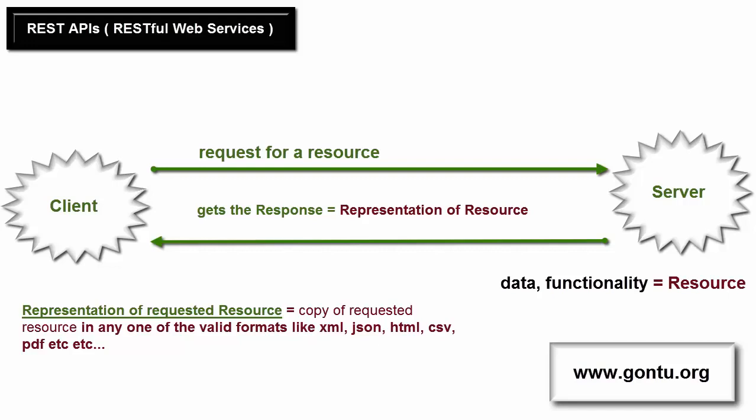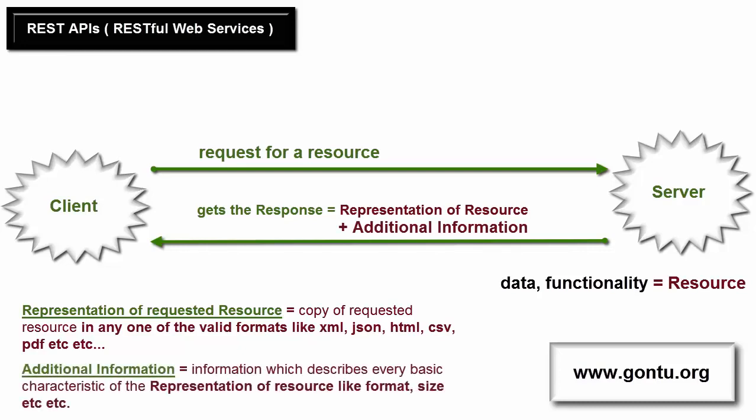In addition to the representation of the requested resource, the response also contains some additional information which describes every basic characteristic of this representation, like its format, its size, or any other similar information. So upon receiving the response, just by analyzing this additional information, client will come to know about all basic information which it may require while processing the representation of the requested resource received in that response.